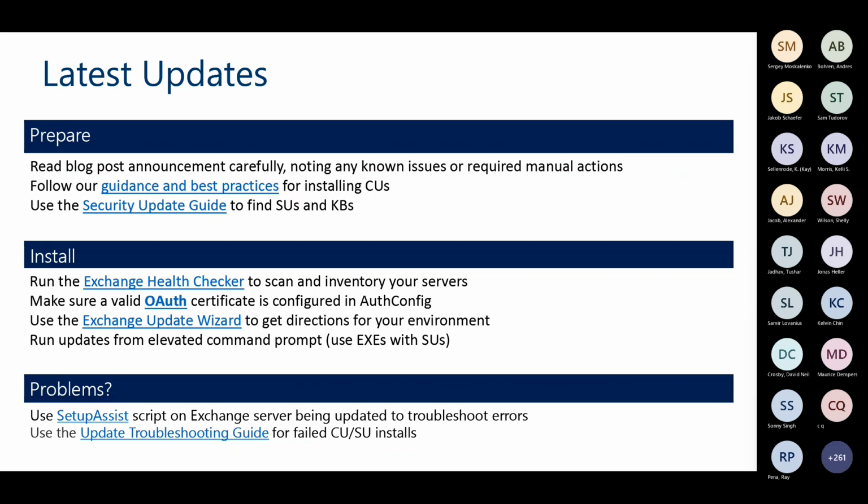I'll have a little bit more to say about that in a bit. And you want to reboot the server before you install the update and then reboot the server again after the install has completed. And then during the update process, we do also strongly recommend that you temporarily disable any antivirus software that might be running as well.